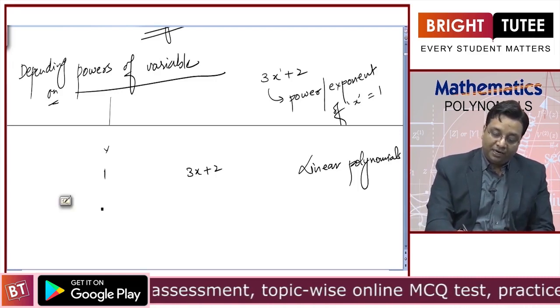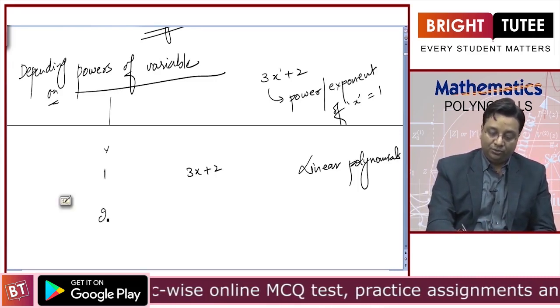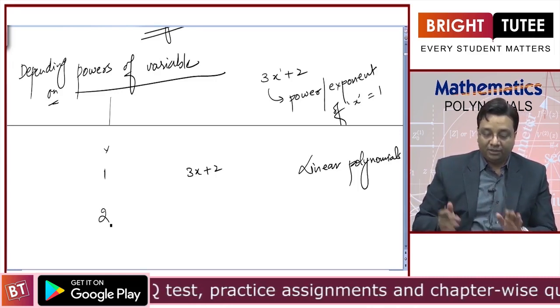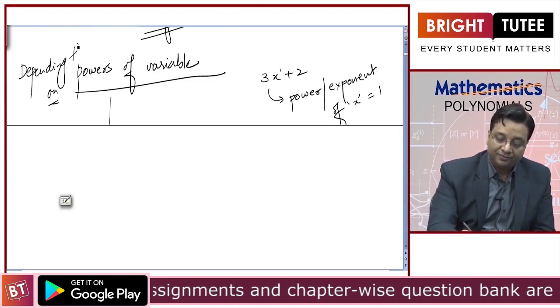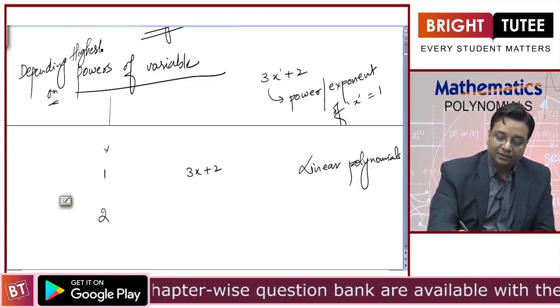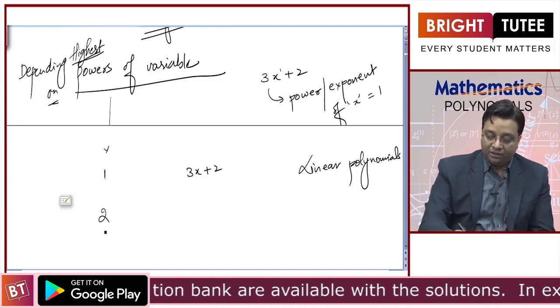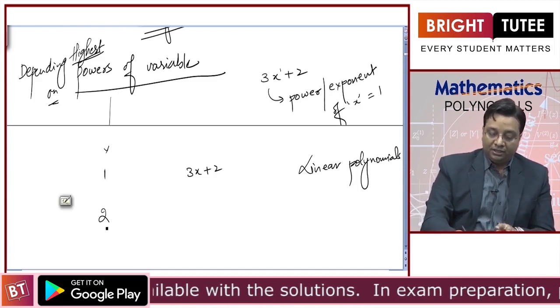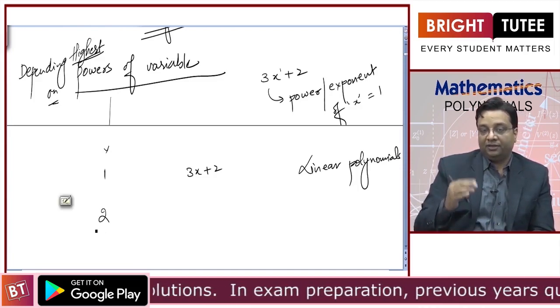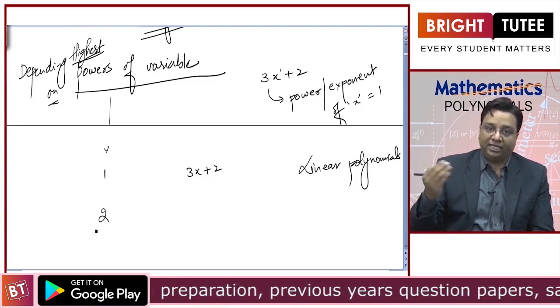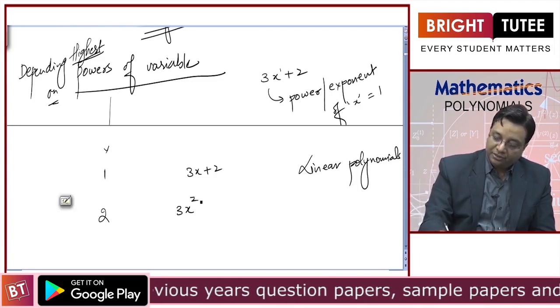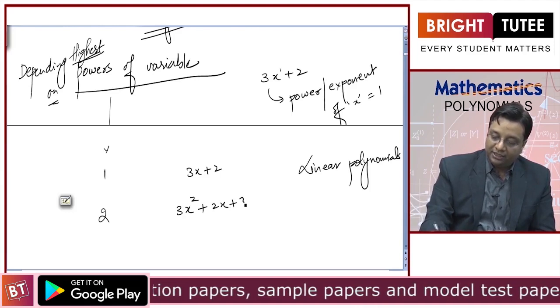Right. When the power of variable is 2, when I say power of variable, I mean the highest power, because if I take an example of second power, that is when the variable is raised to second power, for example 3x square plus 2x plus 3.